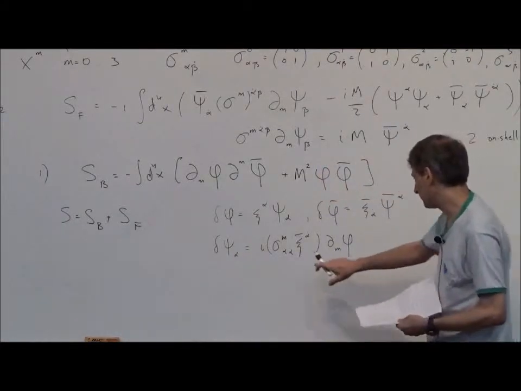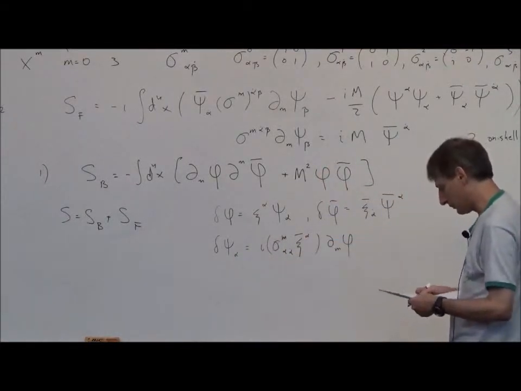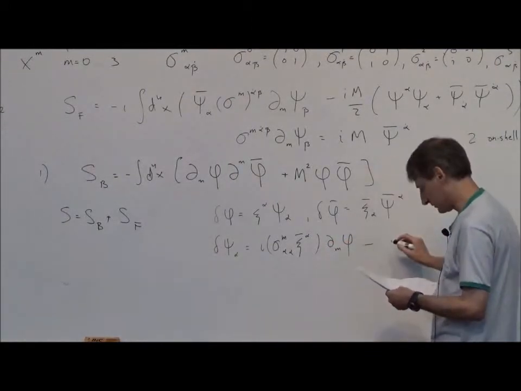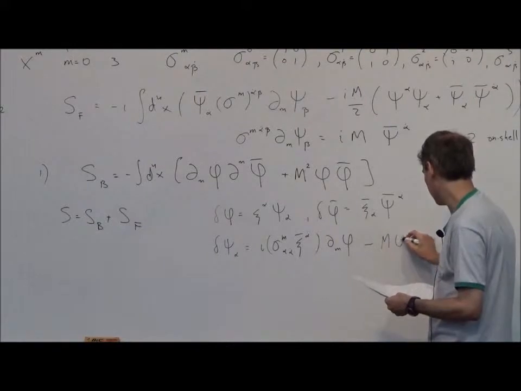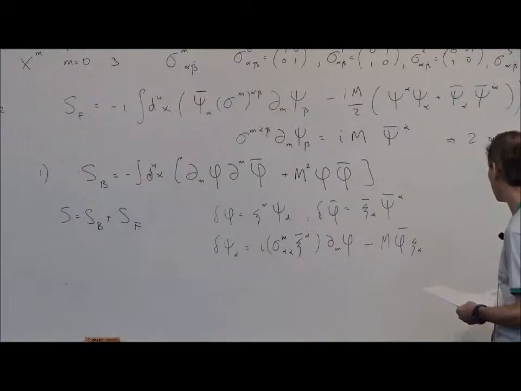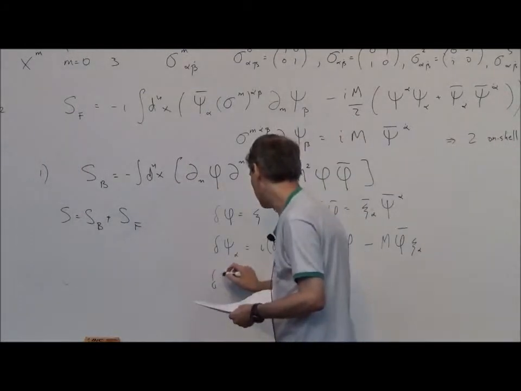So now, of course, you have indices here because you have more than one component. So this is without mass. If you put the mass term in, you get another contribution. So this is the transformation of psi, and similarly for psi bar.